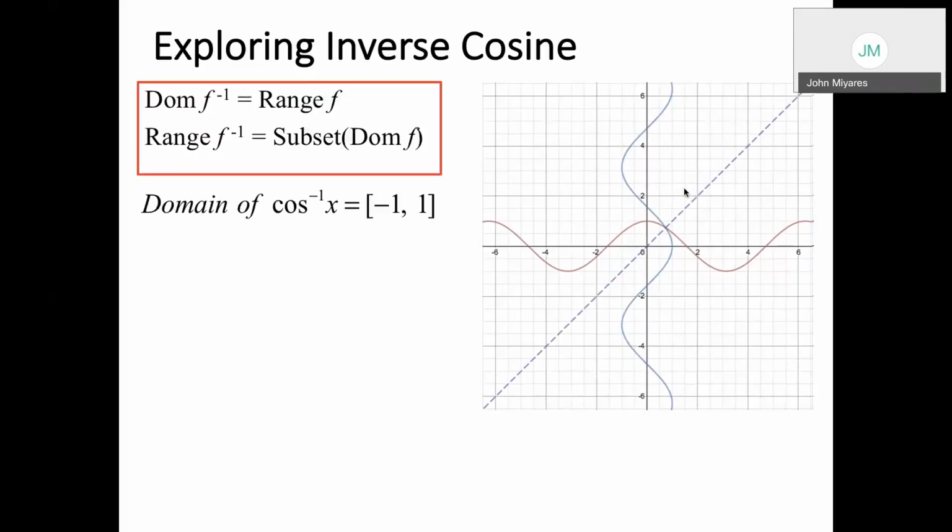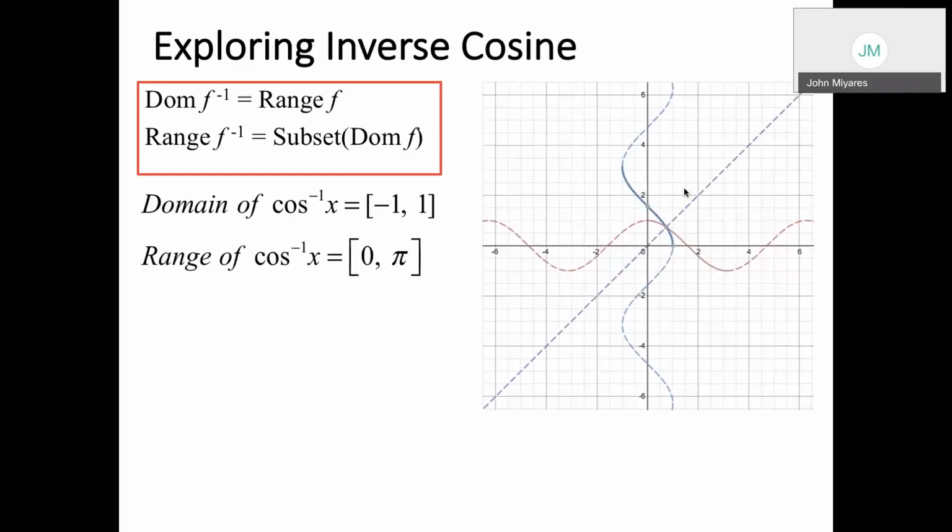And the gods of mathematics decided for this function to go with 0 to pi radians, or 0 to 180 degrees, for the range of the inverse cosine. This ends up cutting off the graph to where you see the solid parts of the graph, and the dashed parts are going to be removed.